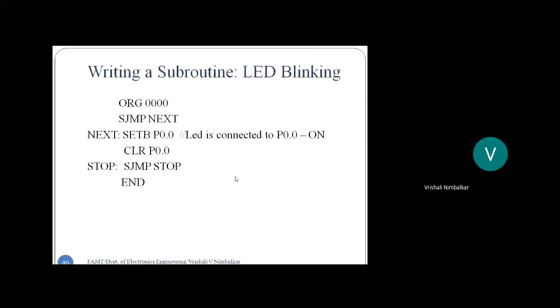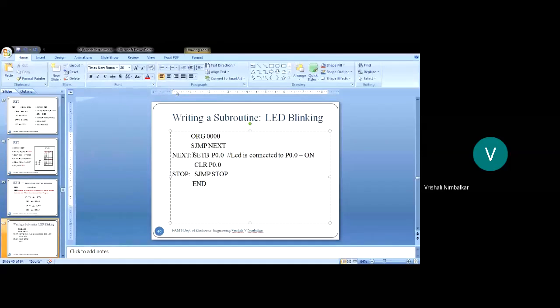So the first thing is, I have set the bit, and immediately next I have cleared the bit. This is taking one machine cycle to execute. This is taking one machine cycle to execute. One machine cycle means 12 clock pulses.